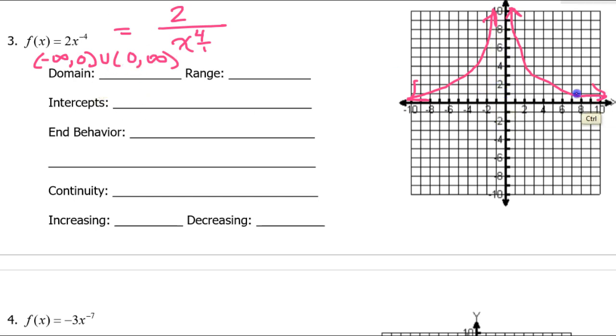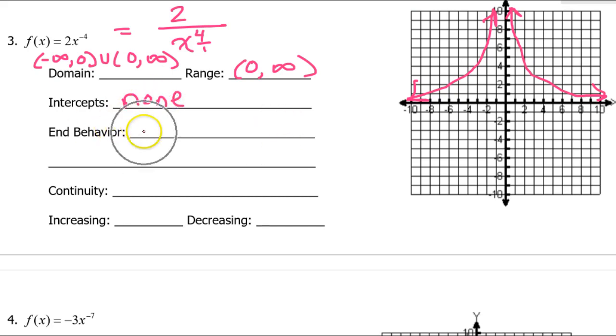For the range, the y values of this graph are 0 to infinity. All right, and 0 is the asymptote, so I use parentheses, 0 to infinity. Intercepts. This graph does not touch the x-axis or the y-axis, so there are no intercepts.